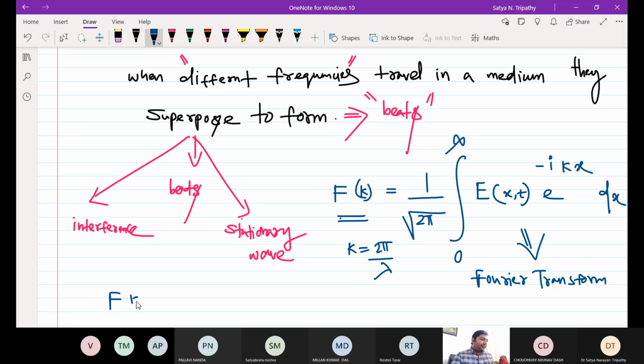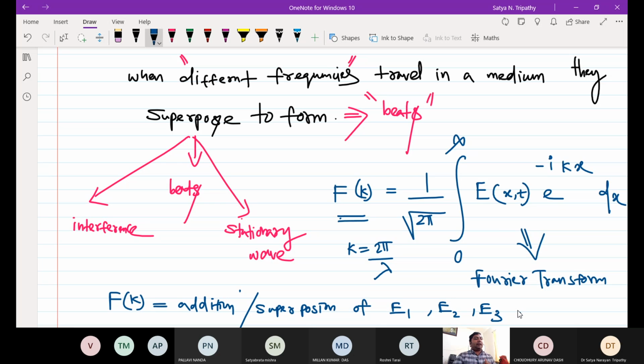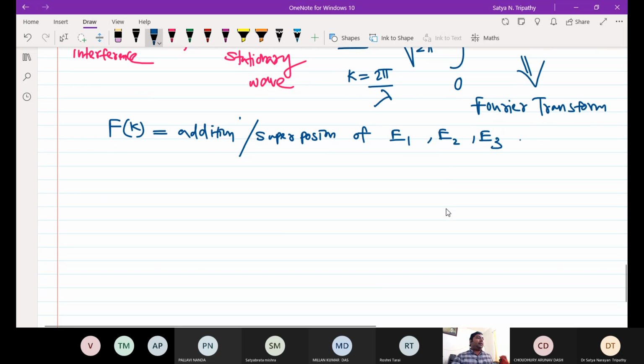So here f of k is basically the addition or superposition of E1, E2, E3 like this. Okay. So now the shape of the curve. Previously, these were individual waves.